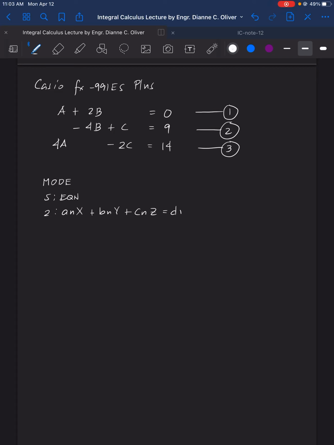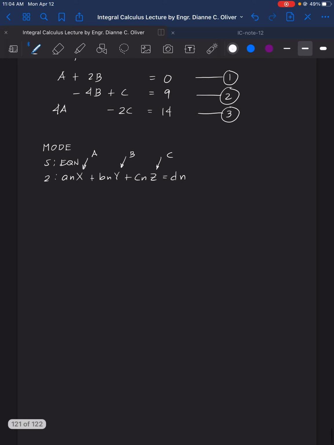So this is the reason why I arranged it this way, because that's the arrangement needed in the calculator. And take note that x here is your a, y is your b, and then z is your c. Whatever value comes out in the calculator as the value of x will become the value for a.